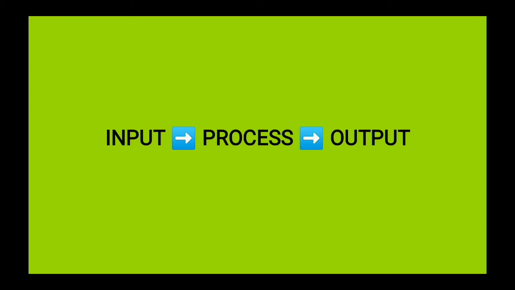When we give an input to our computer, the computer processes the input and gives us output. So children, let's learn how input gets processed and we get the final result, that is an output, with the help of some examples.